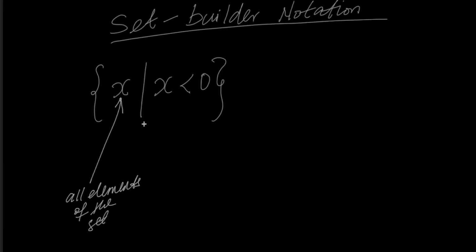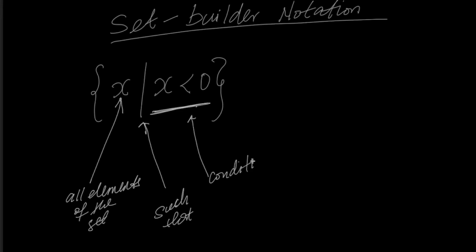Okay? This one means such that. This place is for the conditions. When I say conditions, what do I mean? That is, this is a place that will tell us more about these elements. This place, after this slash, will tell us more about this x.